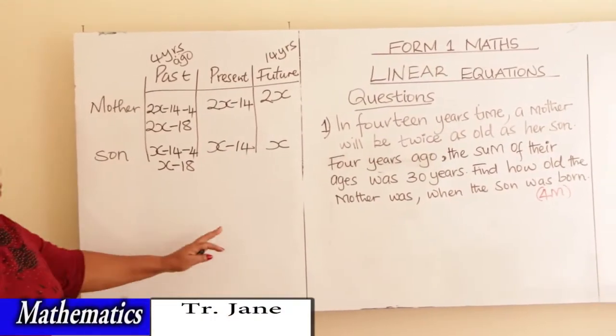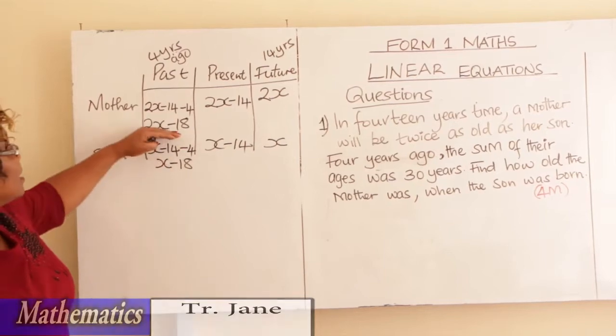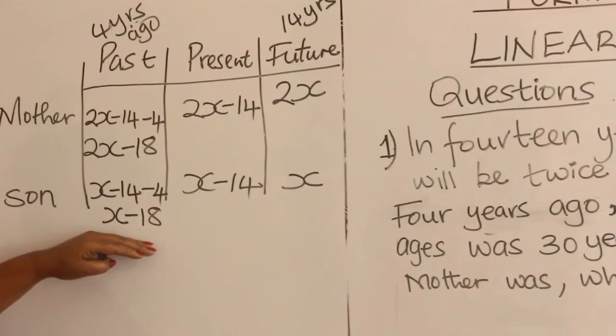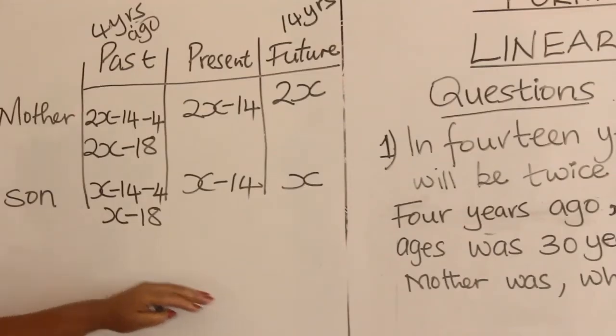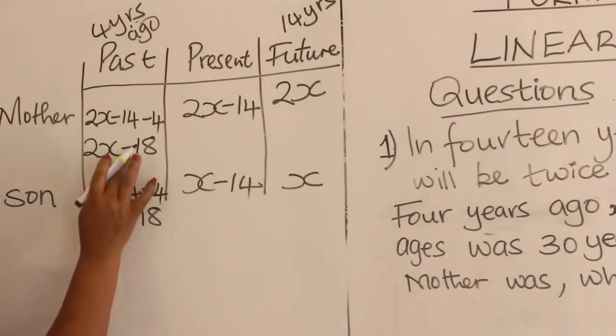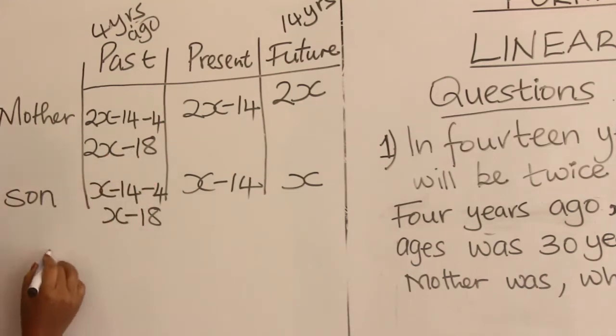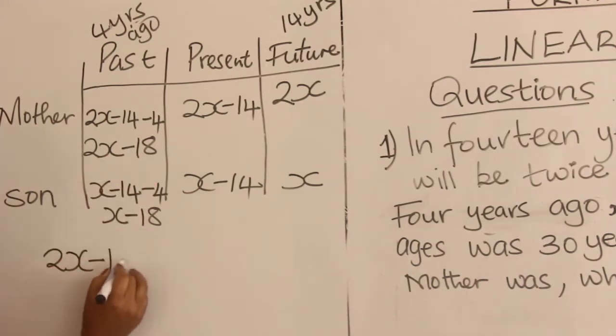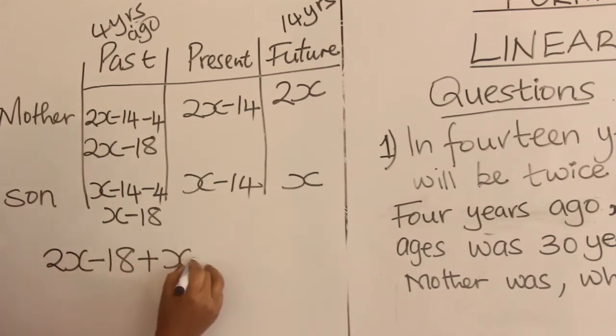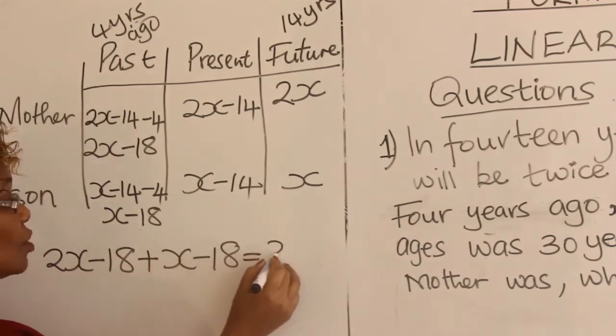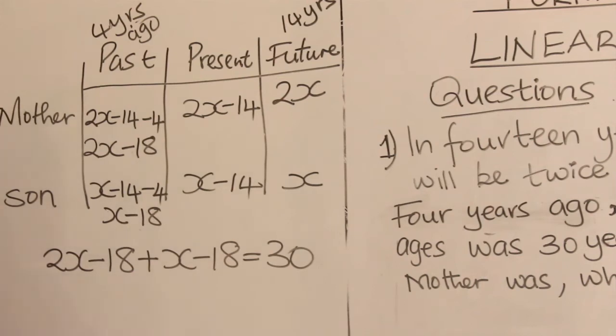And therefore, we are being told that this age plus this age, 4 years ago, would add up to 30 years. The sum of their ages was 30 years. So you add the 2 and equate to 30.